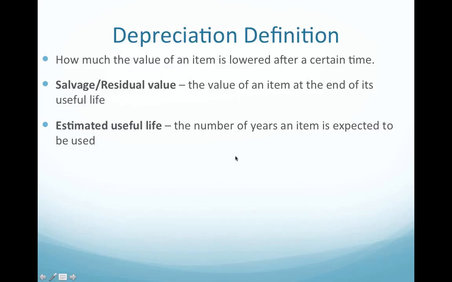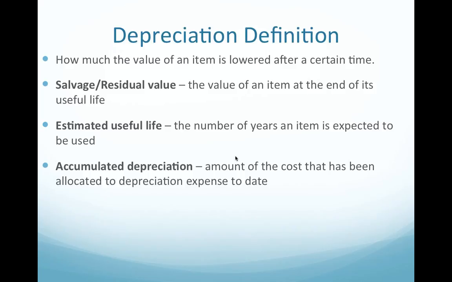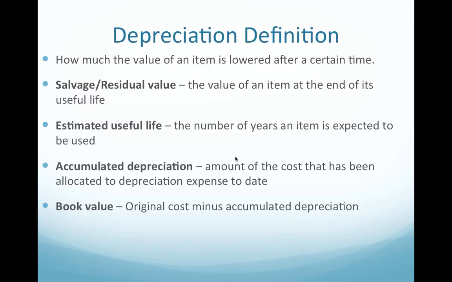So we say, okay, it'll last 5 years. Well, that's going to be the useful life. And the useful life is also normally when you're looking to get rid of it and get another one. Accumulated depreciation is the buildup of depreciation. That's what that word accumulated means. And book value is the original cost minus the accumulated depreciation.